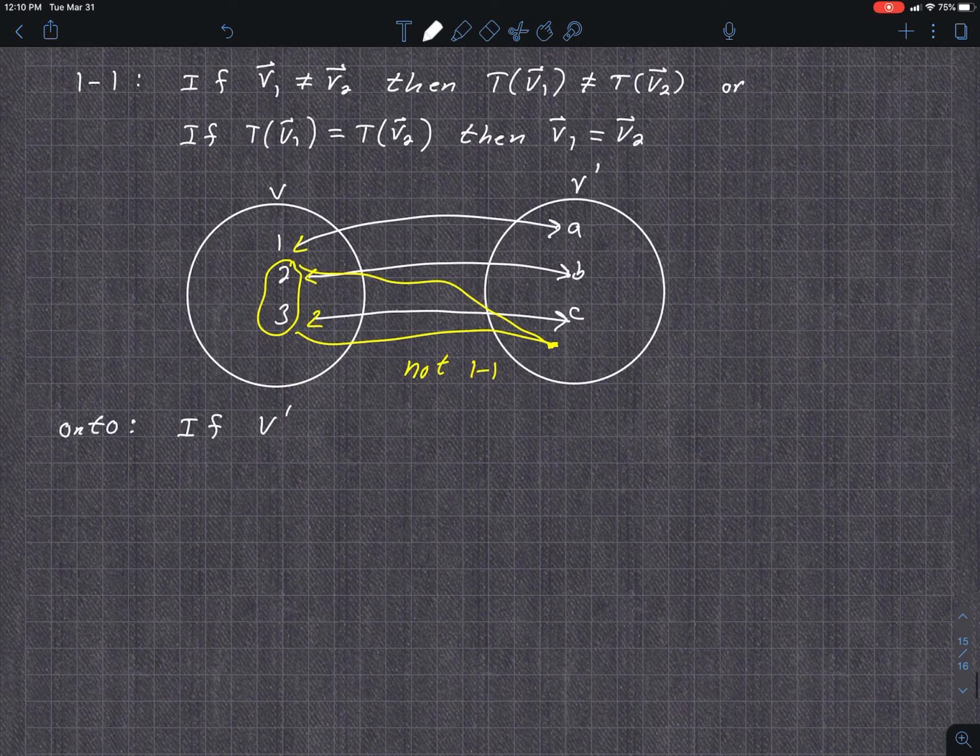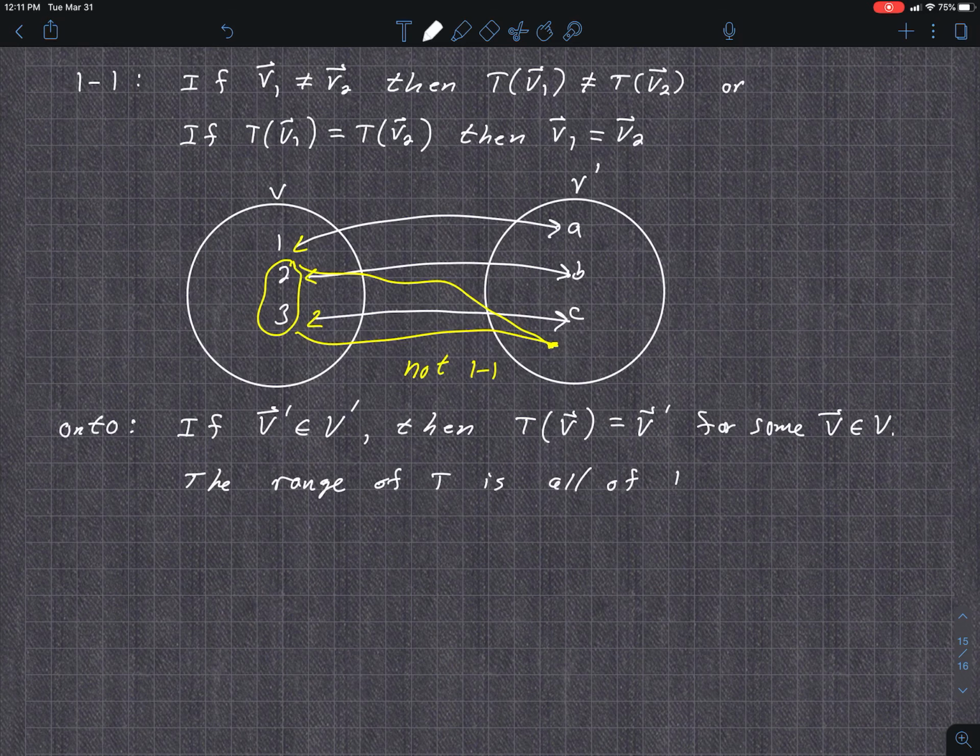It says if v prime is in V prime, then T of v equals v prime for some v in V. Another way of saying that is the range of T is all of V prime.